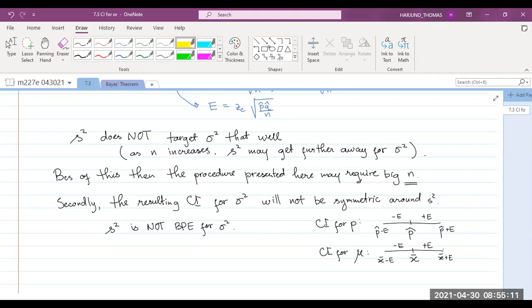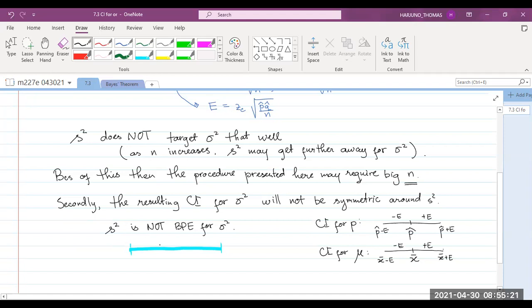Because of the procedure, the resulting confidence interval will have the sample variance not right in the middle of the interval. It's a bit to the left, maybe a lot to the left.